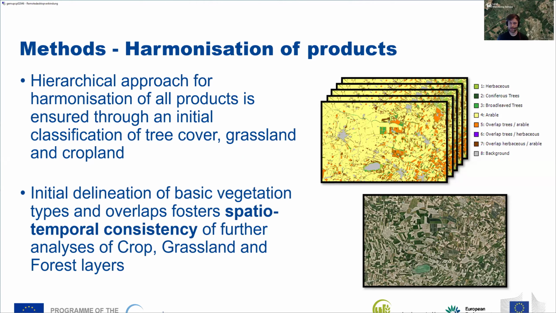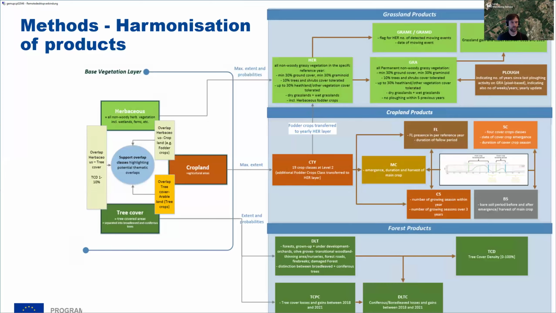So there is this first initial classification mapping the maximum extent of these layers, which is then used in the production of the actual individual products. This is basically the summary of this initial classification and how it's used.